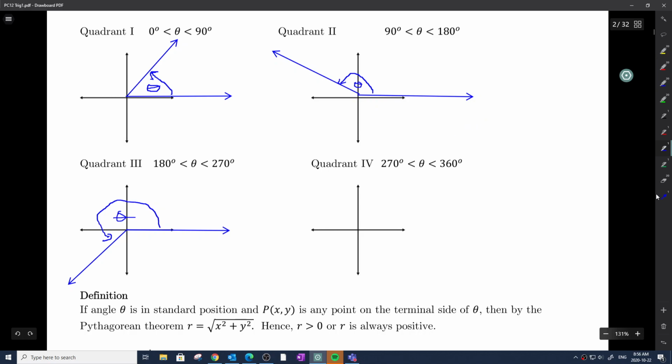Quadrant 4 angle. There's my initial arm. There's my terminal arm. And if it's a positive angle, it's going to be measured starting from the initial arm, going counterclockwise right there.